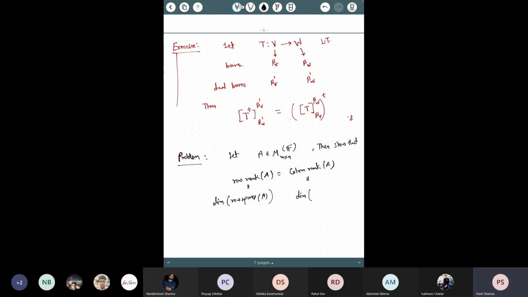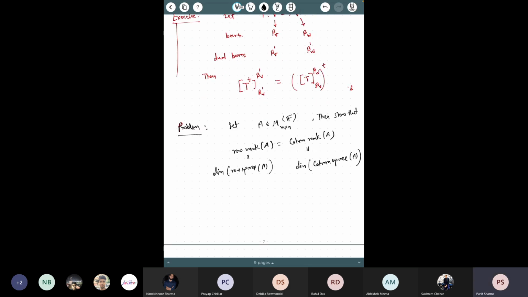It is the space spanned by the columns of A. So I assume that you know what row space and column space are. What we are trying to prove here is that the column space of A and the row space of A have the same dimension.